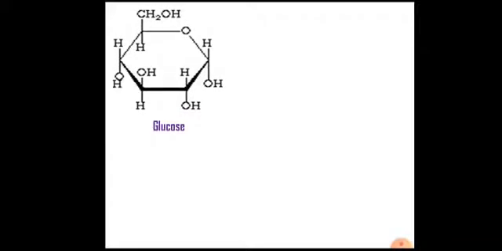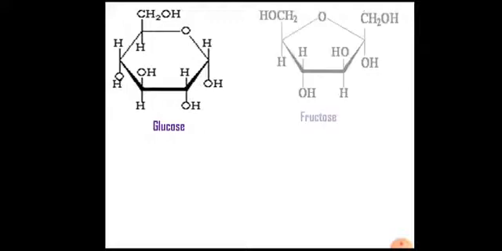So this is the structure of glucose. You need to draw it very correctly, indicating around carbon number 3 it should be OH. This is the structure of fructose. We can see here I have drawn the structure just like shown in earlier figure. This is carbon number 1, 2, 3, 4. How to identify carbon number 1?